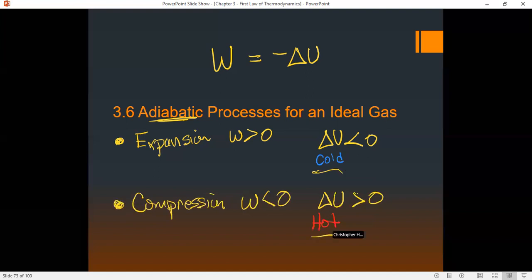And this has all kinds of really neat implications, okay? In terms of expansion, we actually use adiabatic expansion to cool gases off and liquefy them. Did you ever wonder where liquid nitrogen comes from?